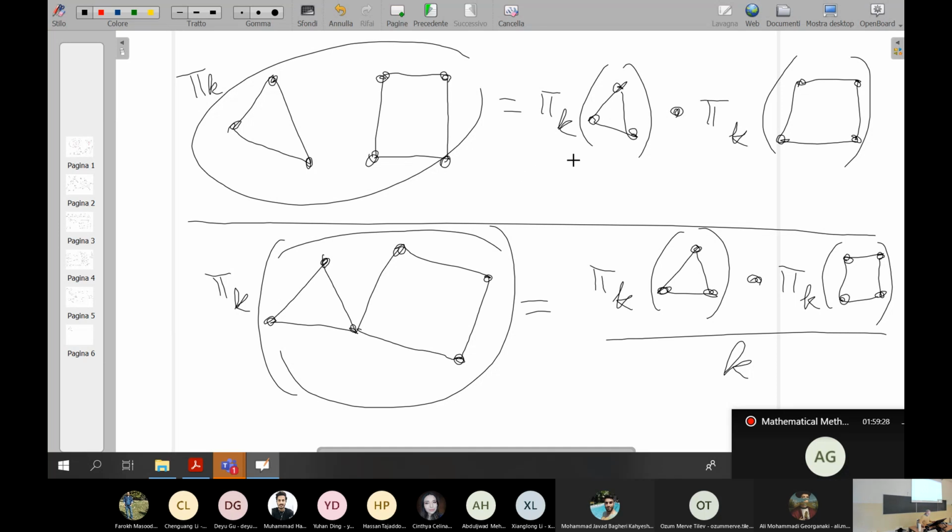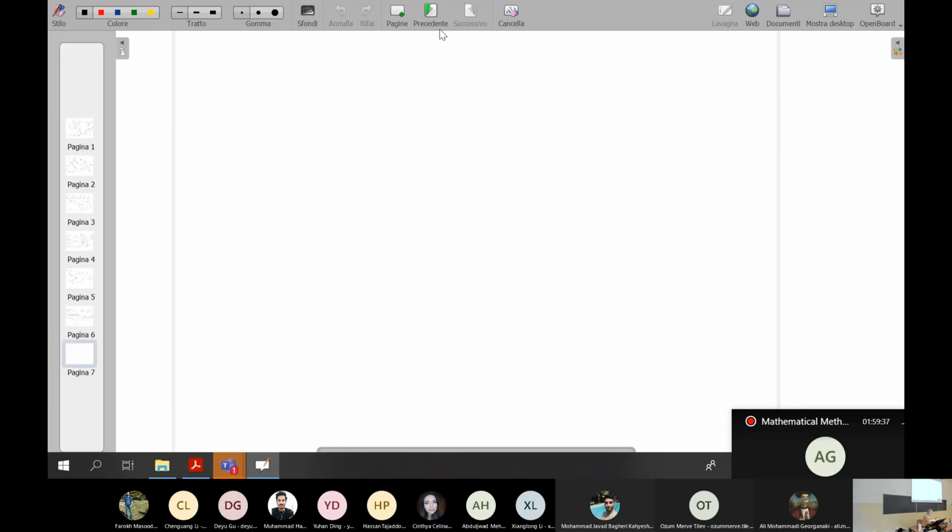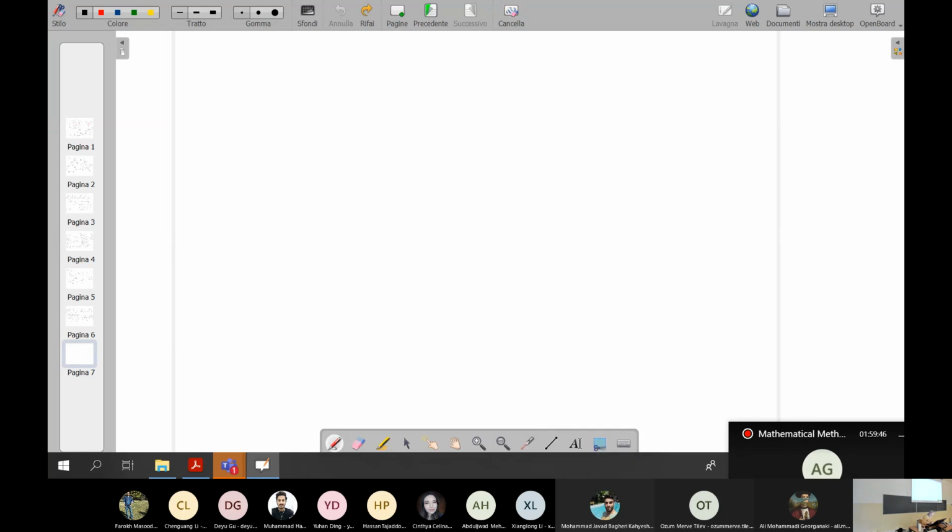Now I would like to do the computation for what we have in the example, which was this. It would be terrible. Here we must keep track of.